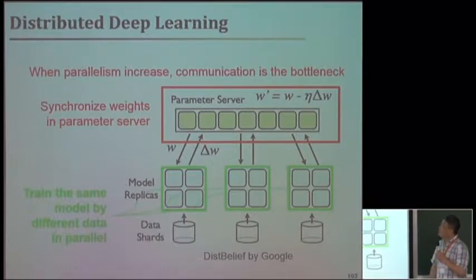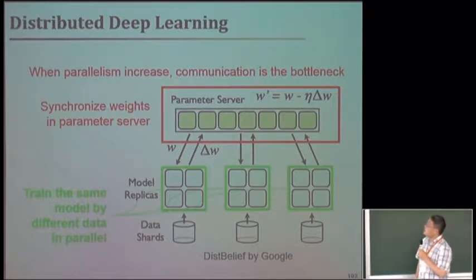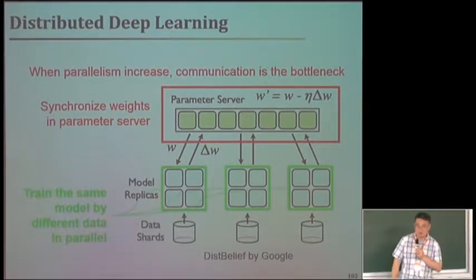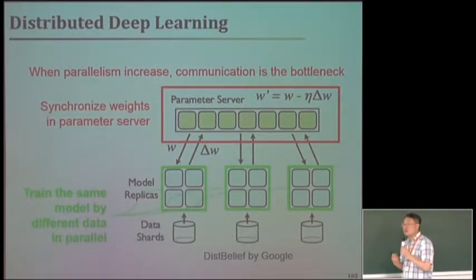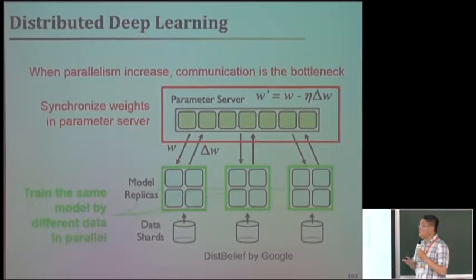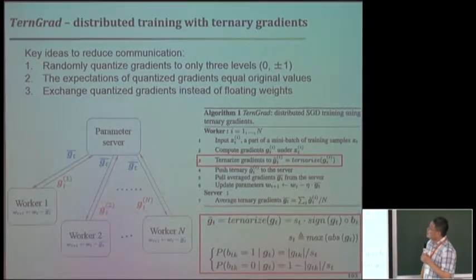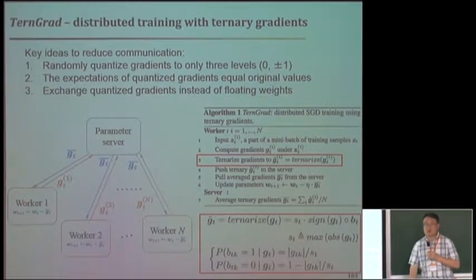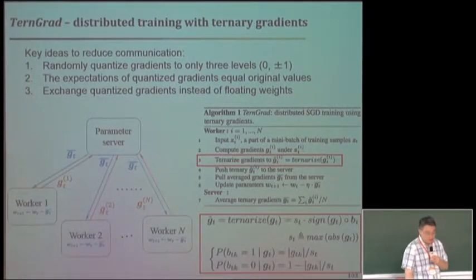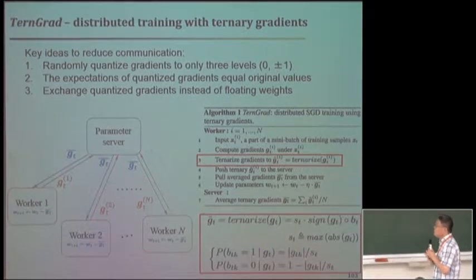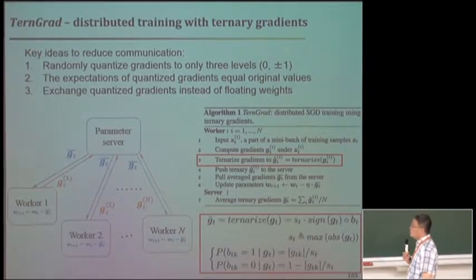And when the number of workers increases, the communication will become the bottleneck. You understand this? It's actually a very common bottleneck for all the distributed computing. Okay, so the key idea is to reduce this communication. So when we start to launch this project, we propose the following things.